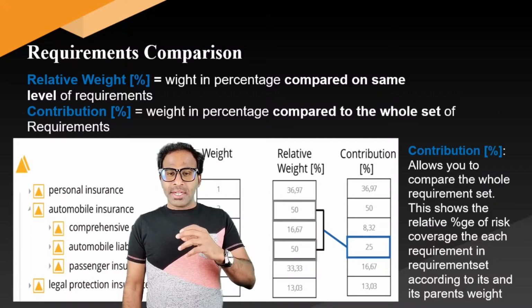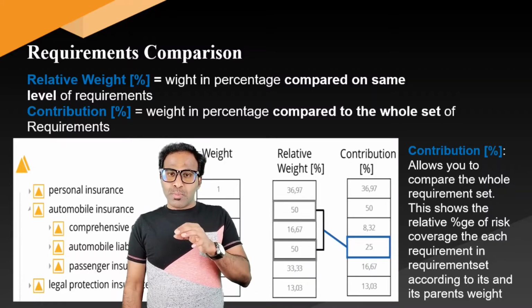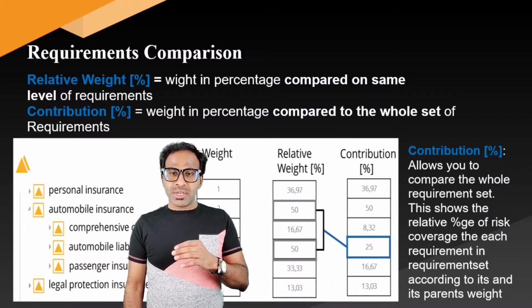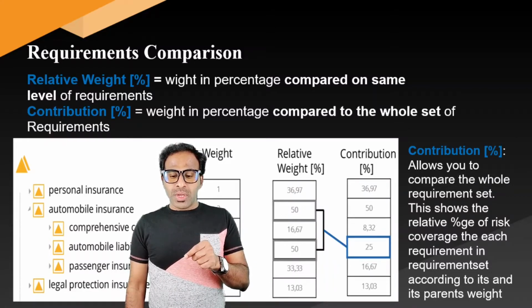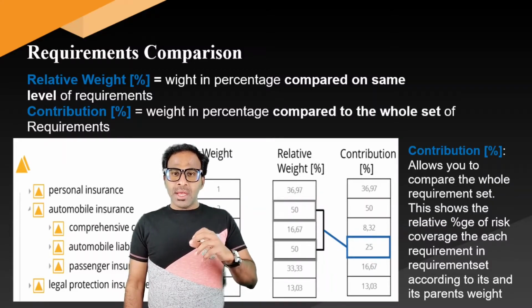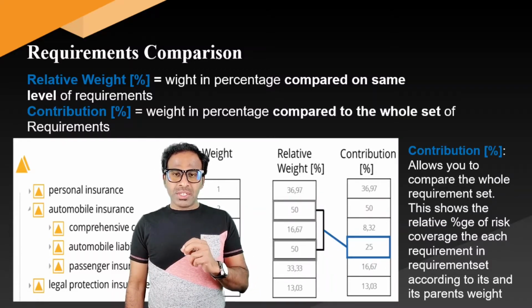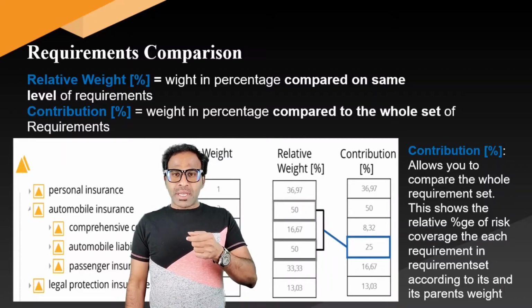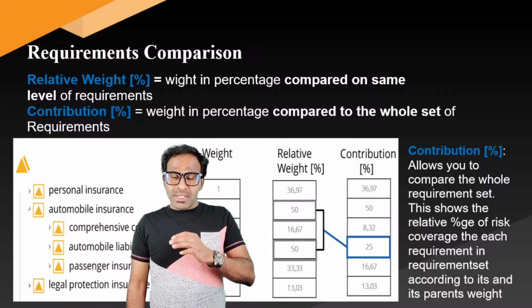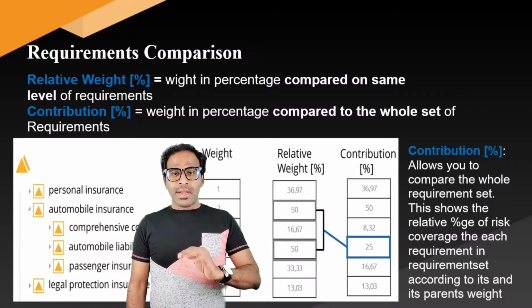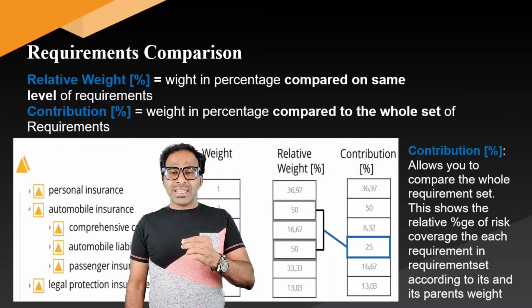Basically it shows you the relative percentage of the risk coverage of the requirement in the requirement set, according to its weight and its parent's weight. That means the contribution percentage takes into consideration the requirement itself, and also the parent requirement's weightage.